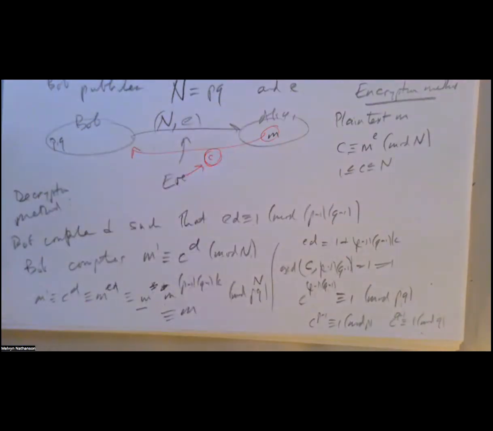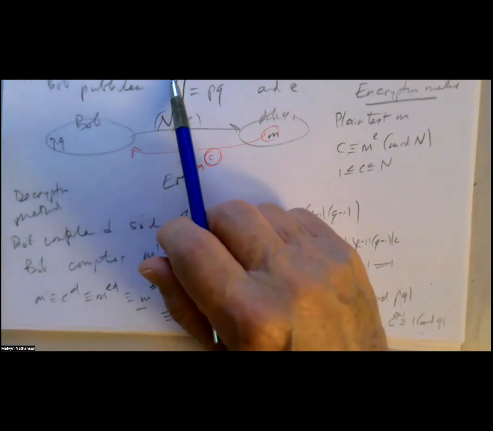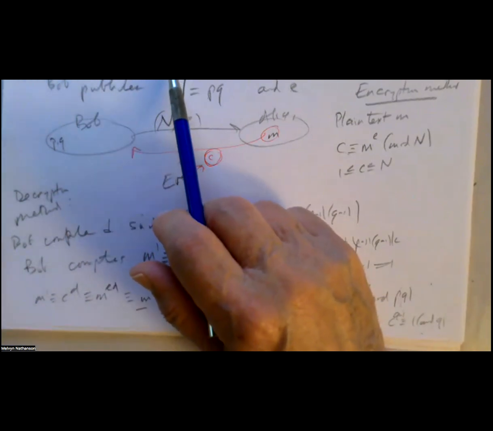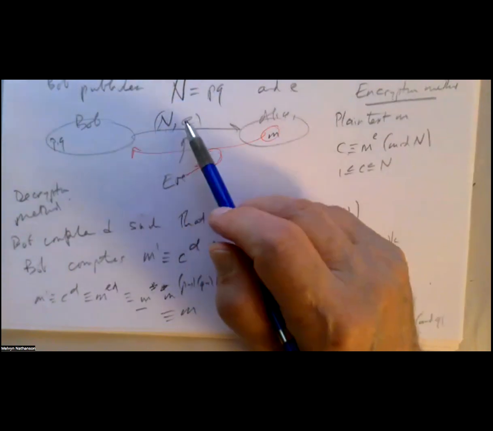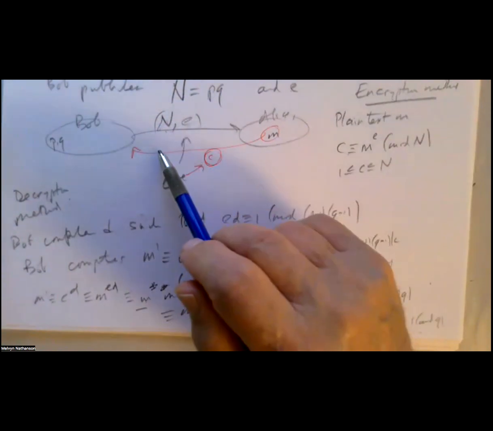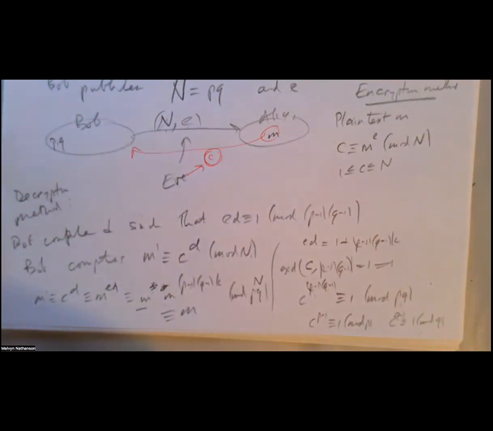That's (P minus 1)(Q minus 1). And knowing this big number, there are many numbers relatively prime to it. Just choose one, call that E. And now what you publish to the world, what you tell everyone, is capital N and E. Everyone knows that.